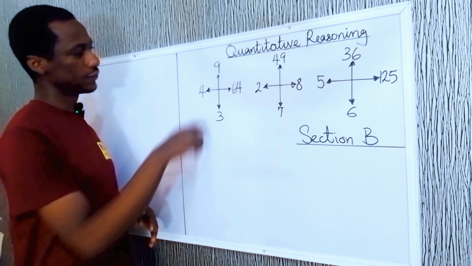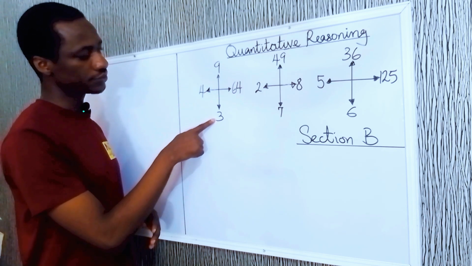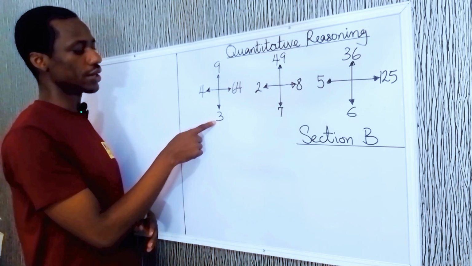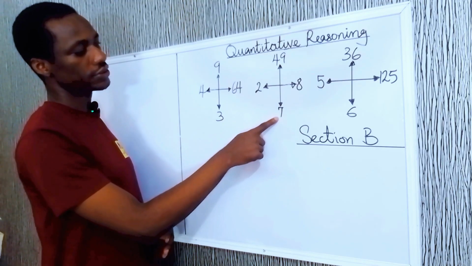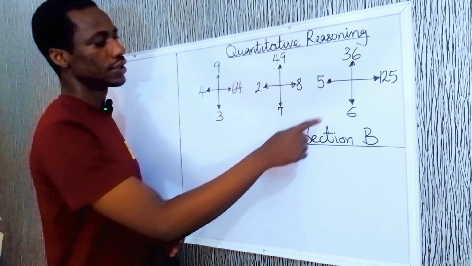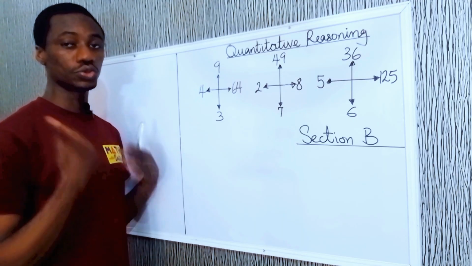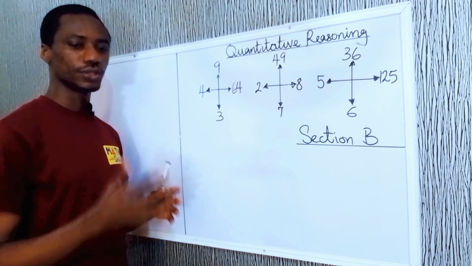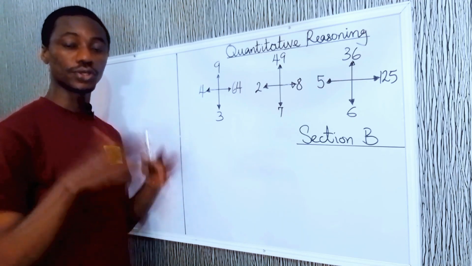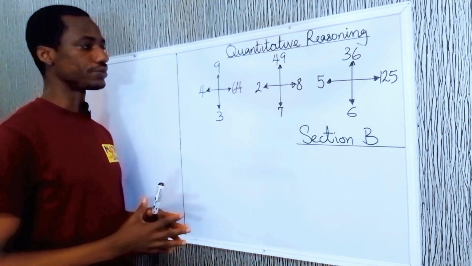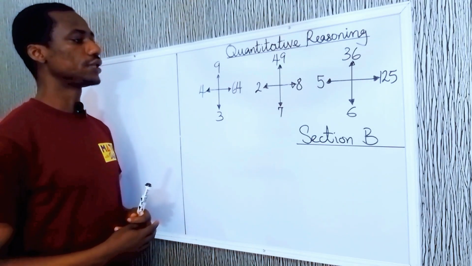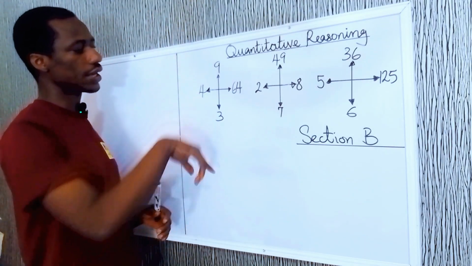If you trace this down, you can see 3. That means 3 squared is 9, 7 squared is 49, and 6 squared is 36. As simple as that, right? So you should already know your perfect squares so that when you see them across your samples, you can easily identify them. All right, and then we're done with this line.